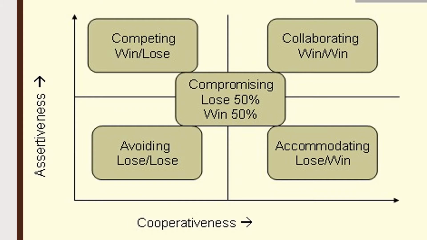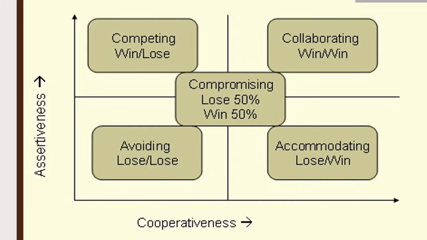So here now we see this graph again, and you see the assertiveness, or this is what I want, and the cooperativeness, this is what you want, and there we have it. And you can see the upper left-hand quadrant for competing is really a win-lose. I'm going to win, but for me to win means you have to lose. All the way down to the bottom of that is avoiding, which is everybody loses.